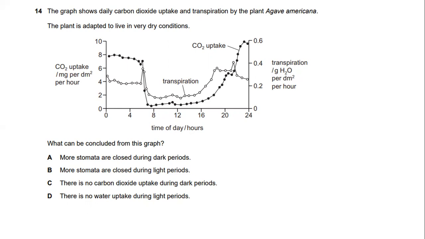Agave and cactus plants absorb most carbon dioxide at night, meaning that less water evaporates off the leaf through transpiration. So if you look at this graph, what can we see? Most stomata are closed during the light period, because the function of stomata is to allow carbon dioxide to diffuse in and oxygen to diffuse out. Right?